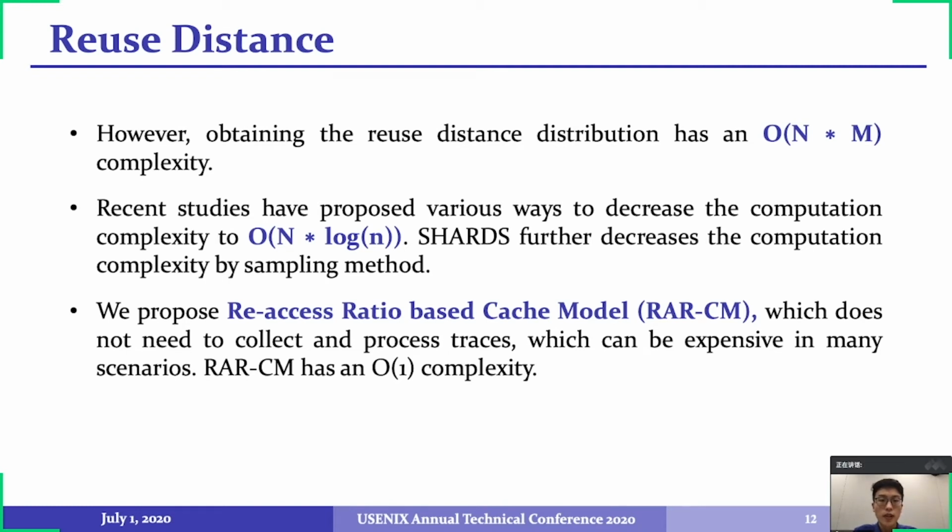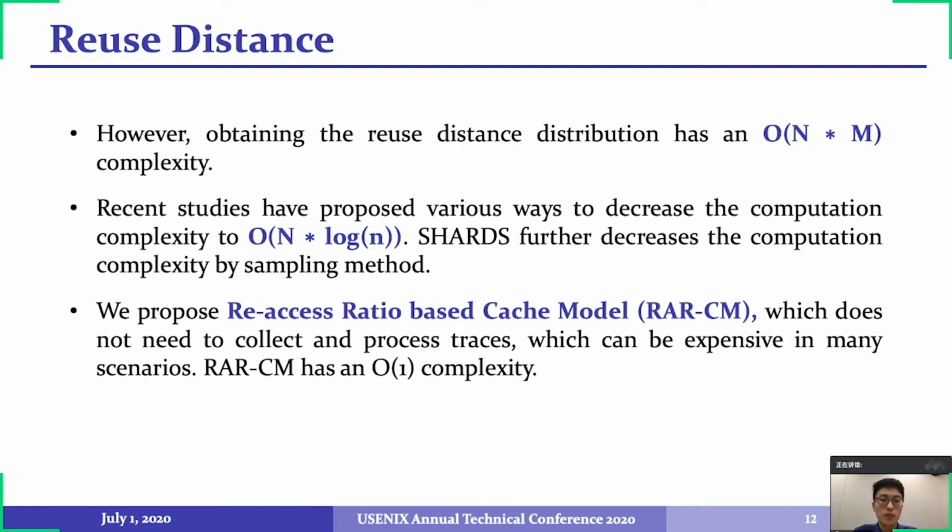Recent studies have proposed various ways to decrease the computation complexity to O(n log n). The most recent work further decreases the computation complexity with a fixed amount of space by a sampling method.